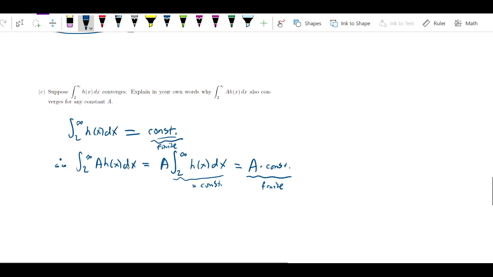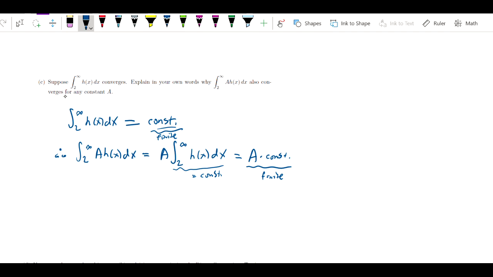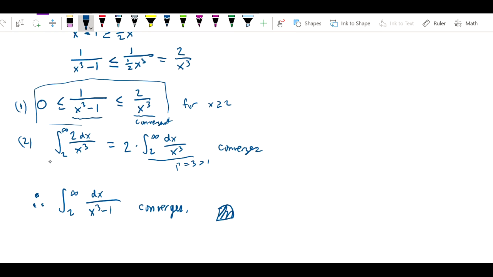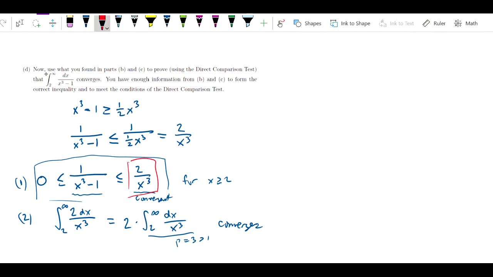We then used part C to do step 2, in other words, to show why, when we integrate this, we get a convergent integral. We did that because it's basically a p integral multiplied by a constant. So we now have proven the theorem, and that's the proof of convergence of this integral.